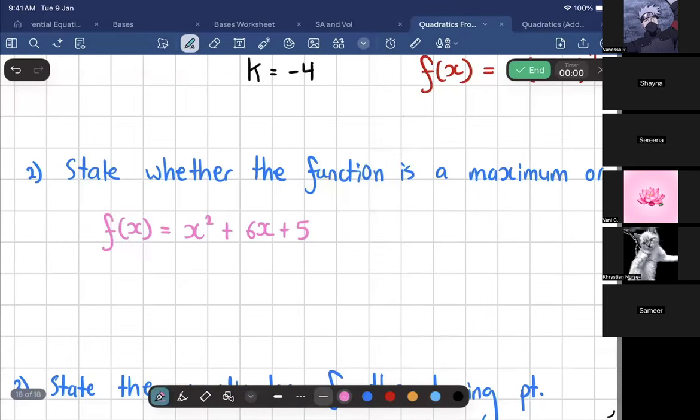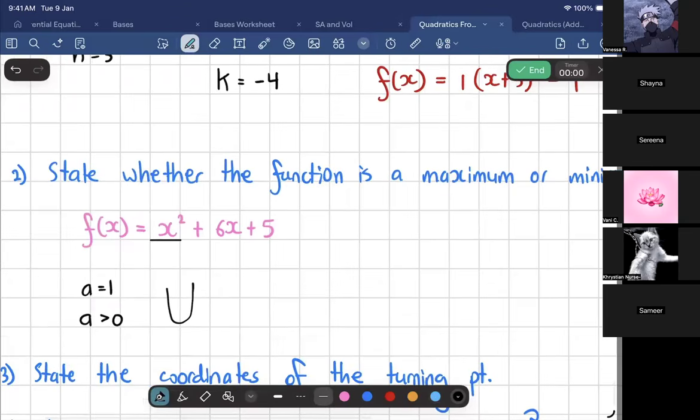A is equal to 1. Now, if A is equal to 1, that means A is less than or more than 0? More than 0, sir. Right, if you're more than 0, obviously you're positive. So if you're positive, you're smiling or frowning? Smiling. That's a maximum or minimum? The minimum. Right.